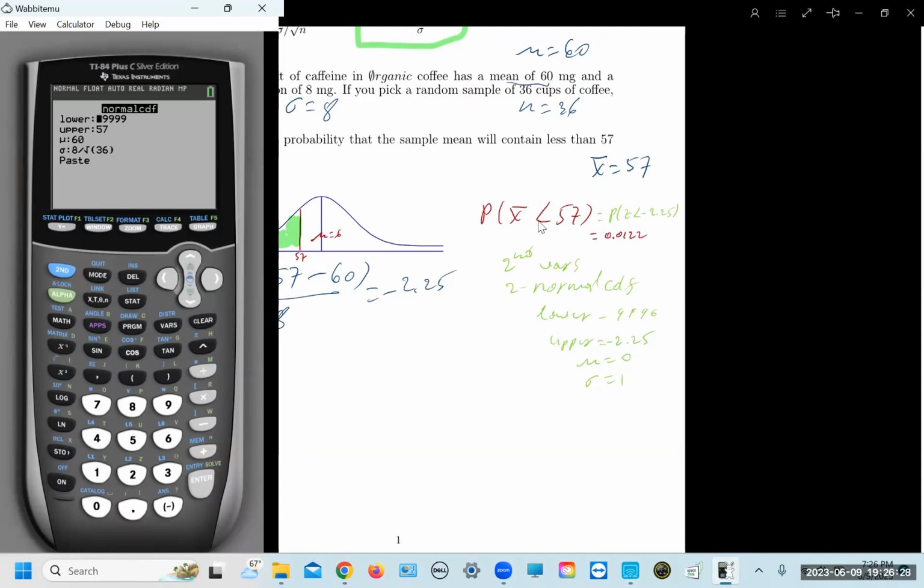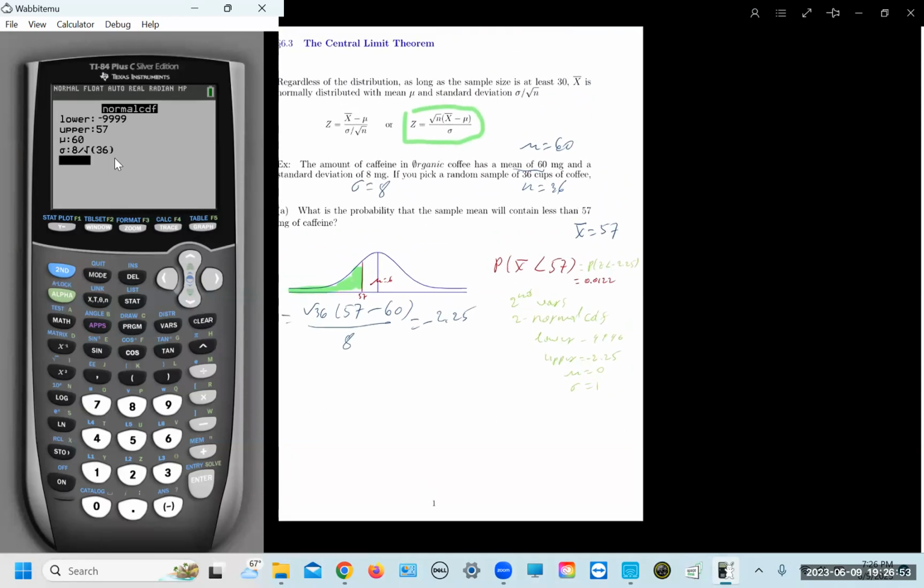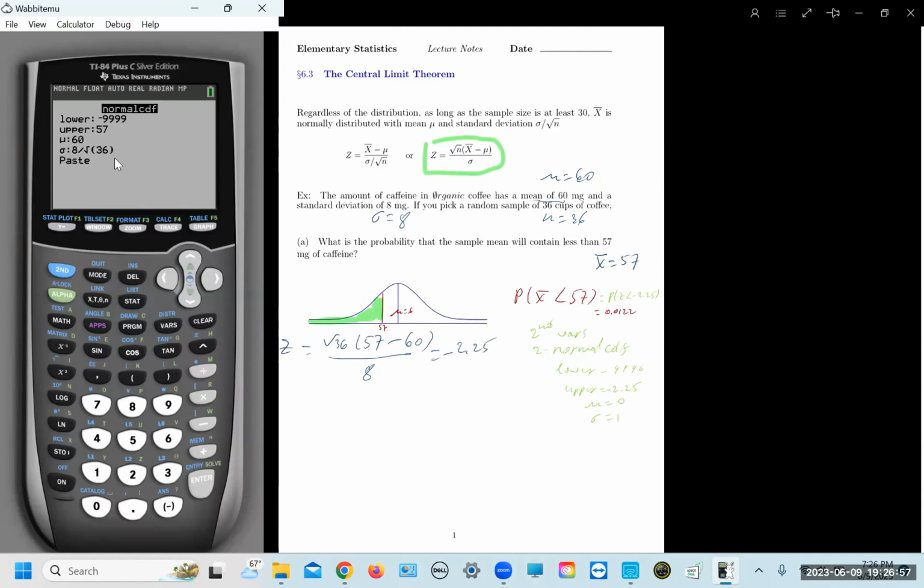The lower is minus 999 because this one is less than 57, and the upper is 57, the mu is 60, and the sigma is 8 over square root of 36, which is the standard deviation of the sample mean.